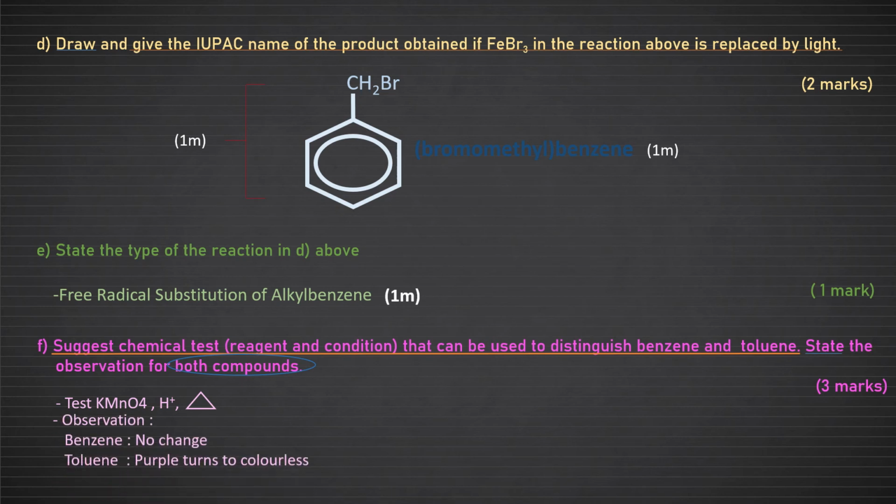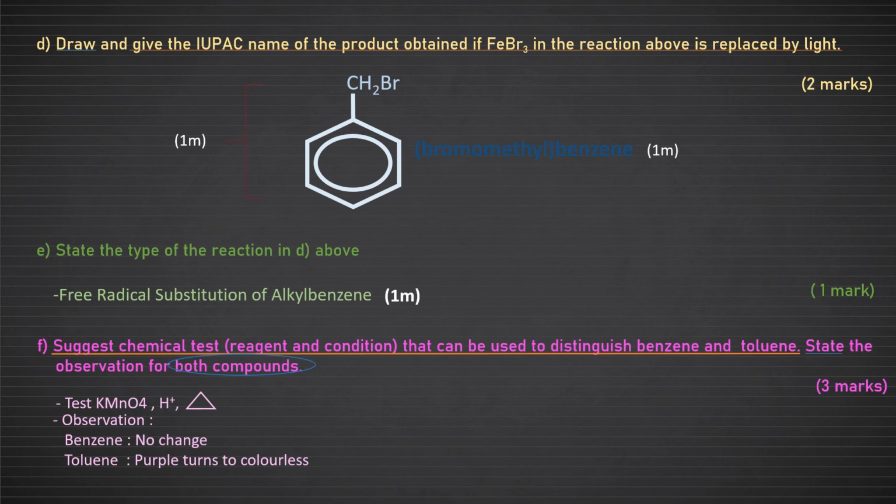Next, the observation for both compounds. For benzene, there is no change, whereas for toluene, the purple color turns to colorless. Benzene shows no change because it doesn't have a benzylic carbon, so there is no hydrogen atom that can be oxidized. Whereas toluene has a benzylic carbon, so the hydrogen is able to be oxidized and shows the positive result.